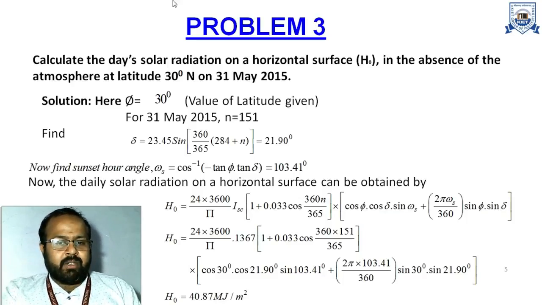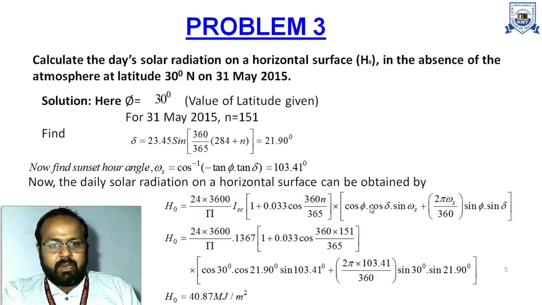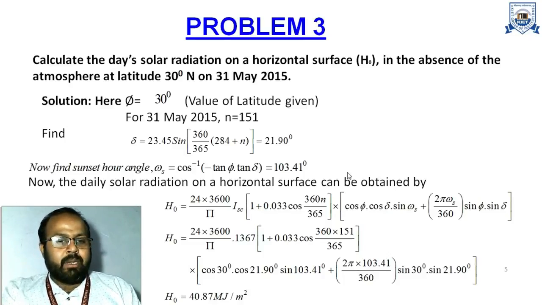Pi is a constant, the solar constant is fixed at 1367, and n, phi, del and omega s, the sunset hour angle, we already calculated. Putting these values in, we find the daily solar radiation on a horizontal surface, H node, equals 40.87 megajoules per meter square. So here is the solution of problem number 3.